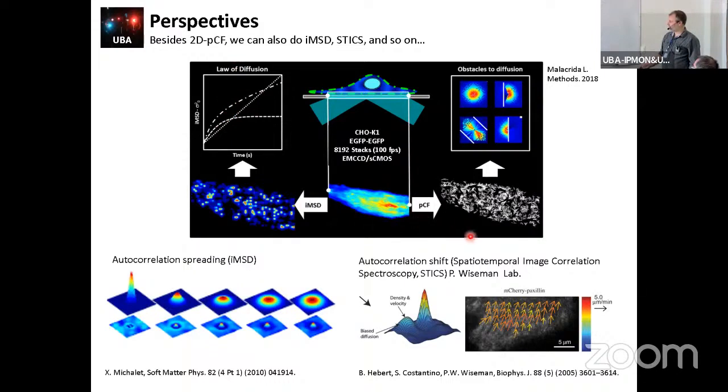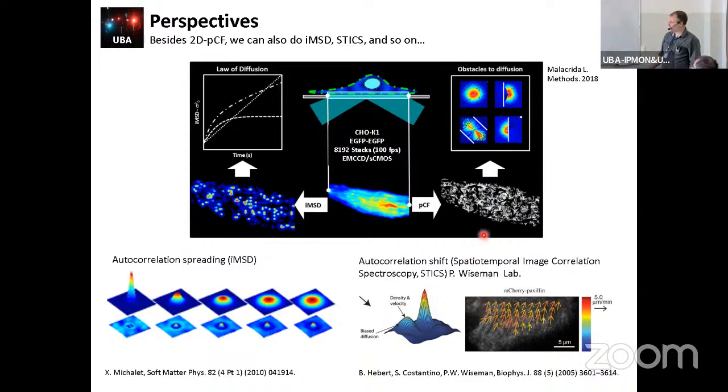And you can also do other analysis, like the one introduced by Paul Wiseman's lab, called STICS, spatiotemporal image correlation spectroscopy, in which, if you look at the autocorrelation function over time and you see a displacement in one direction, you can trace the vector flow.